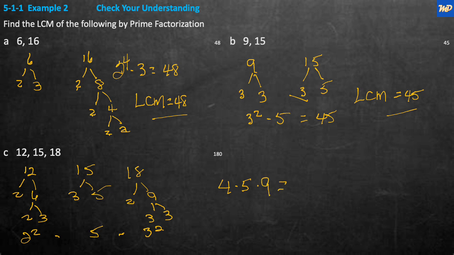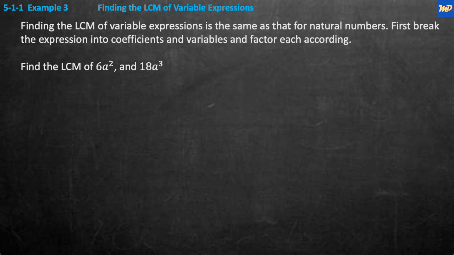And that equals what? 4 times 5 is 20. And 20 times 9 is equal to 180. So the LCM is equal to 180. Okay? Good deal.